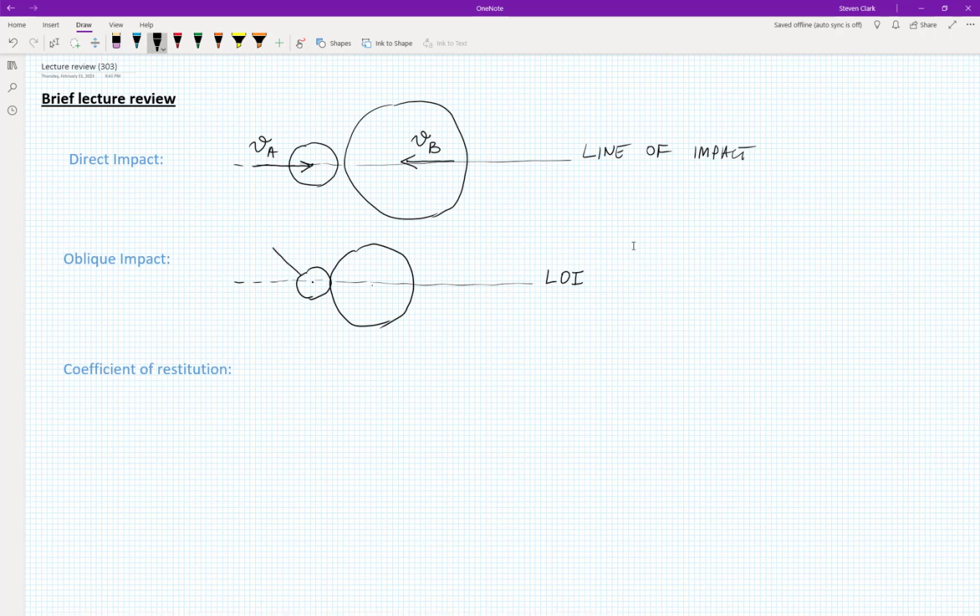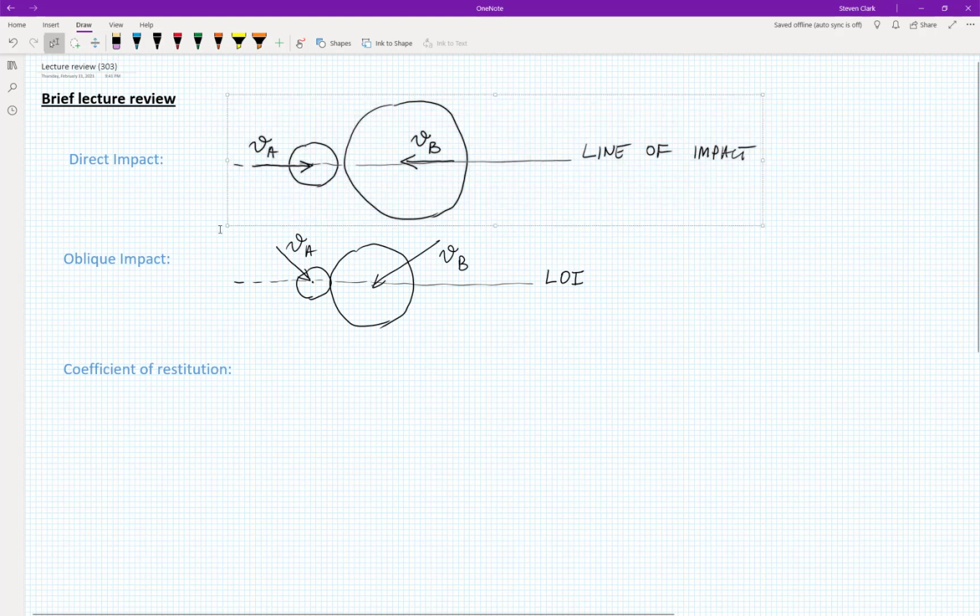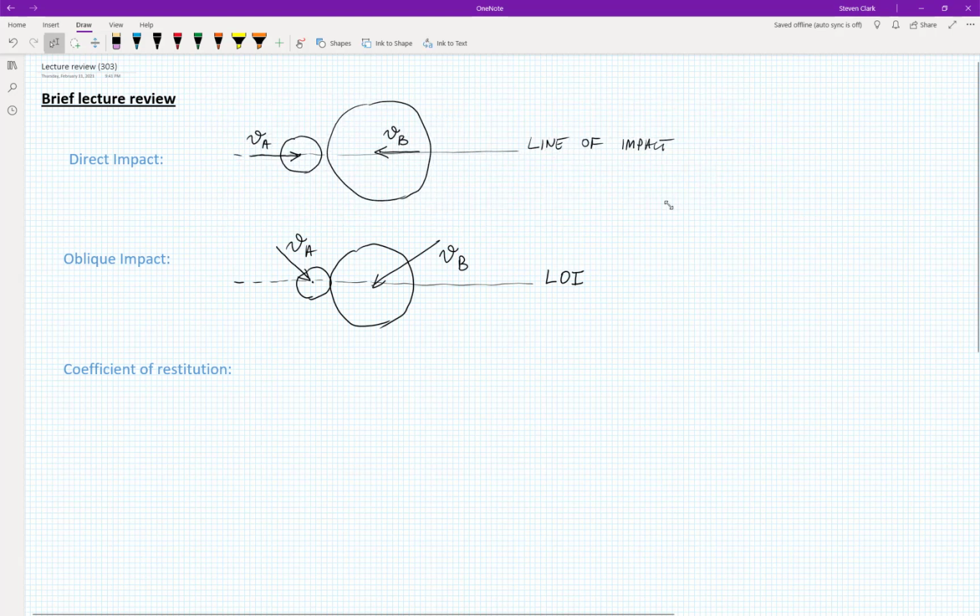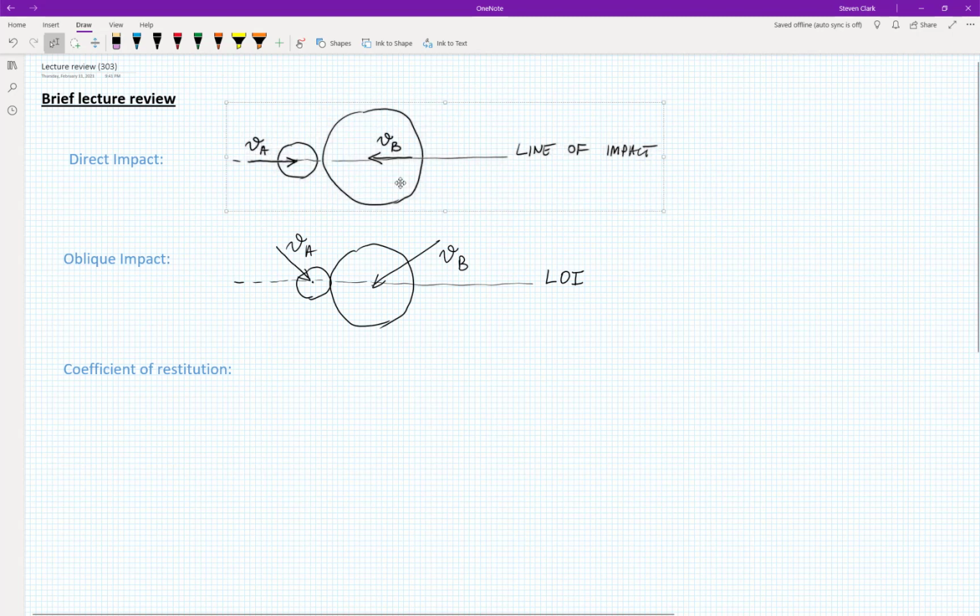So let's say that this is the pre-impact velocity of body A, and this will be the pre-impact velocity of body B. Okay, so that's the difference between these two cases.